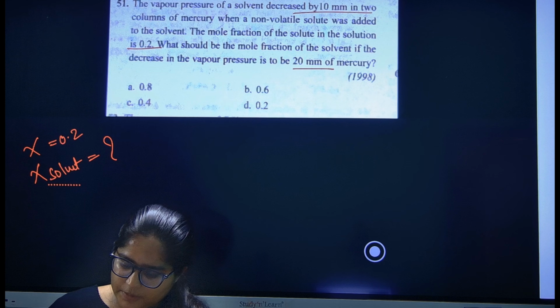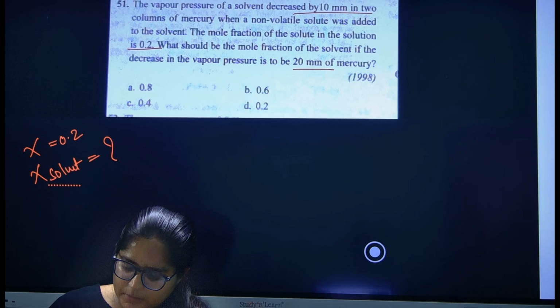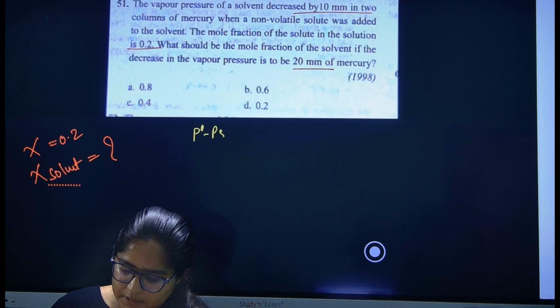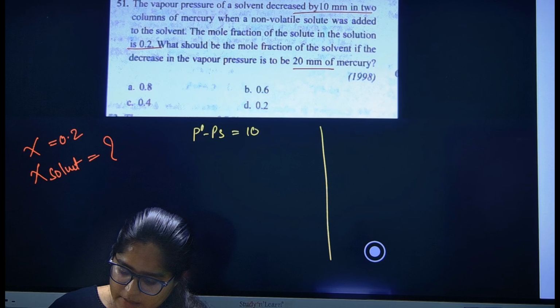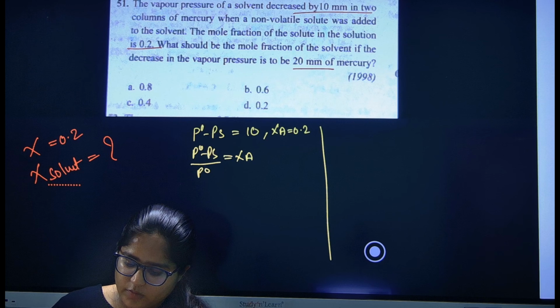So let us solve this question. The vapor pressure of the solvent decreases by 10 mm Hg, which means P naught minus Ps is 10. So two conditions are there. In the first, the mole fraction of solute is given as 0.2. We know P naught minus Ps by P naught is equal to the mole fraction of the non-volatile solute.